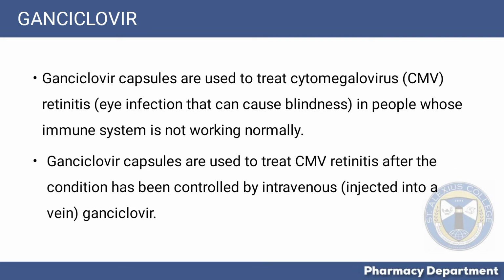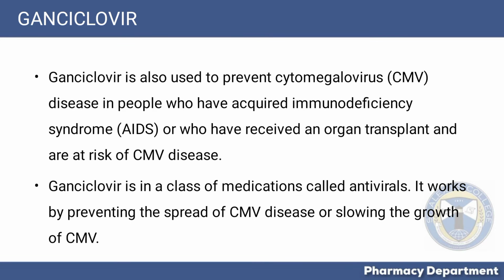It is also used to prevent cytomegalovirus disease in people who have acquired immunodeficiency syndrome, or AIDS, or those who have received an organ transplant and are at risk of CMV disease. This works by preventing the spread of CMV disease or slowing the growth of CMV.